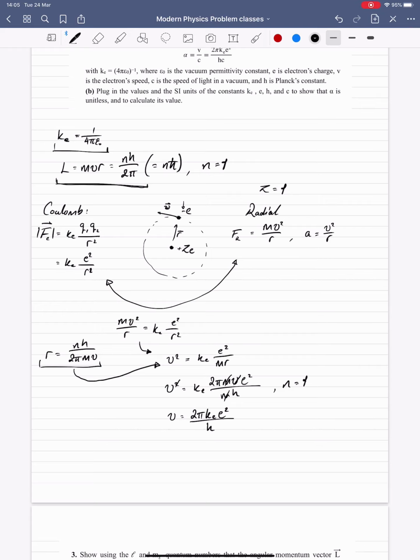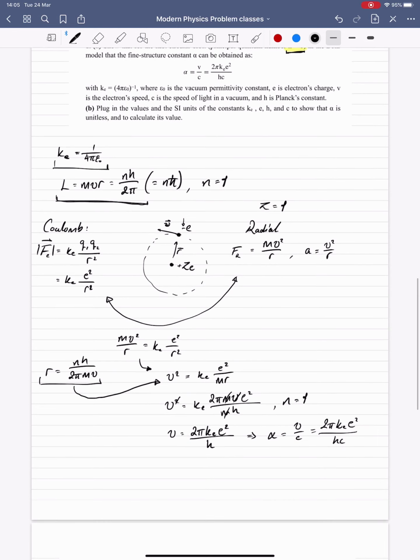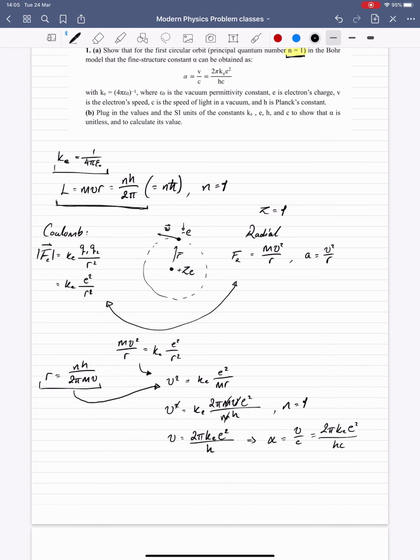And so simply dividing by c on both sides, what we're left with is the fine structure constant is equal to v over c, and that is 2 pi ke e squared divided by hc, which is exactly what we need. If you want, you can also reduce it even further and call this h bar c instead.